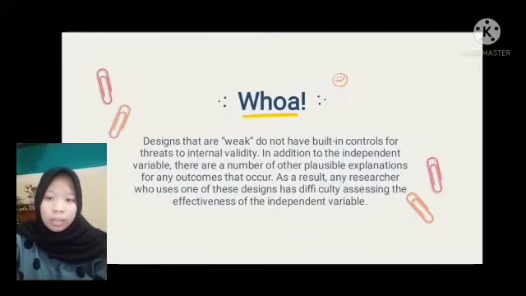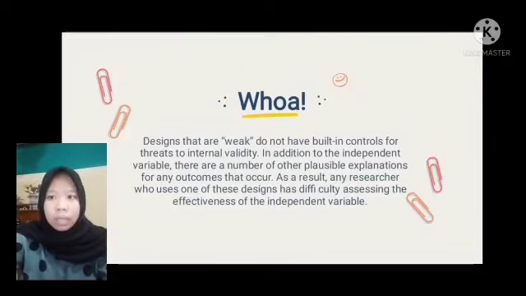So these designs do not have built-in controls for threats to internal validity, and in addition to the independent variable, there are a number of other explanations for any outcomes that occur.